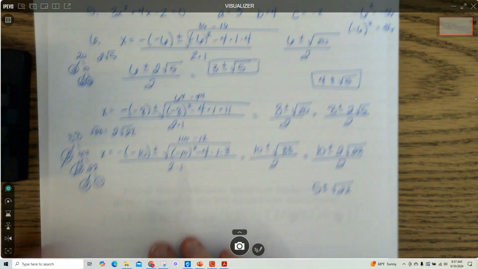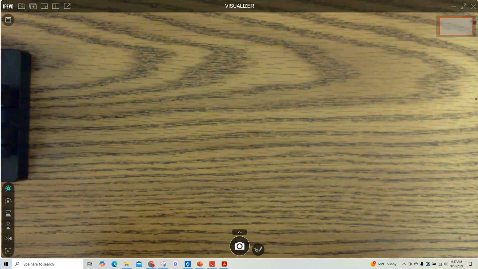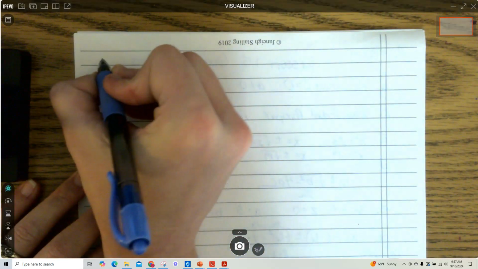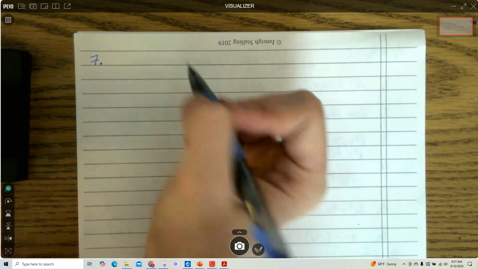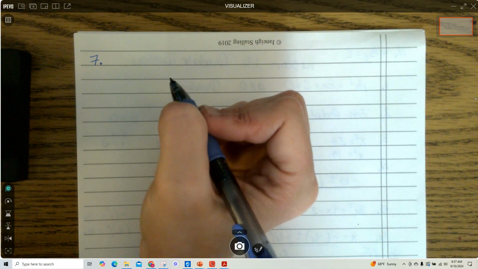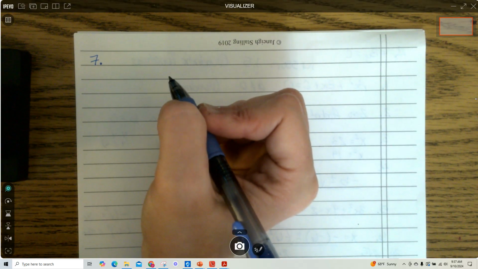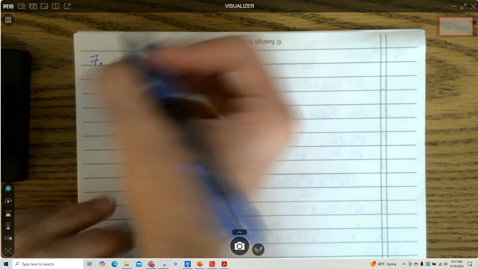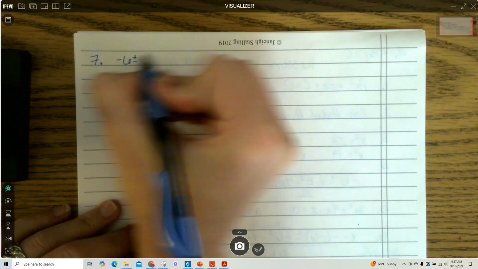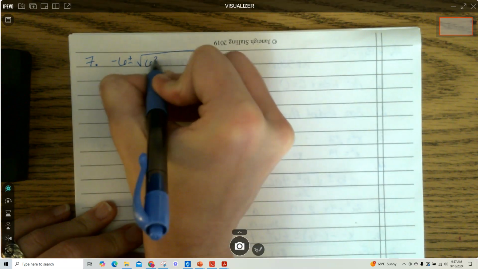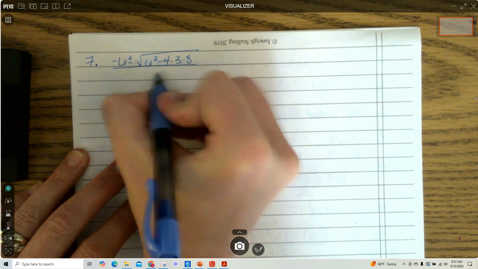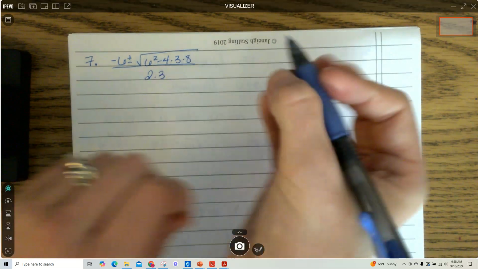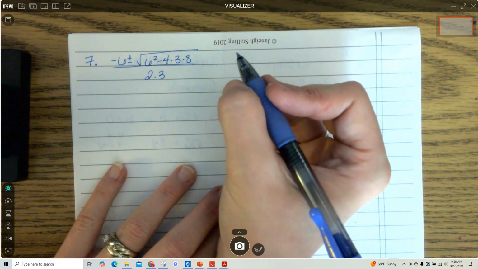All right, let's look at number 7. Okay. What do we have for number 7? Negative 6 plus or minus 6 squared minus 4 times 3 times 8 over 2 times 3. Okay. And it just says simplify. Okay.